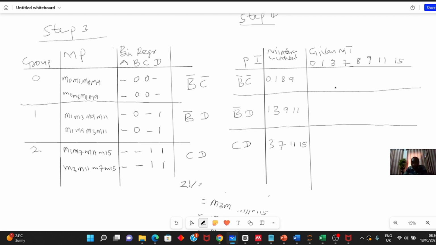So the next thing we need to do is to identify the essential prime implicants. How do you go about identifying those that are essential? Let's have a column. Between each column, we're trying to map the essential prime implicant by putting an X where each of the main terms value appears, starting with the first instance, that's 0.